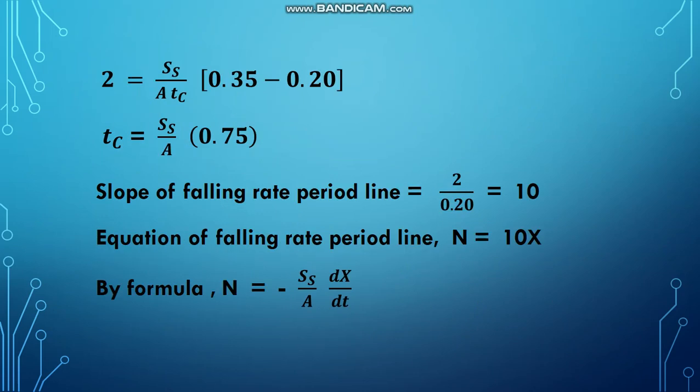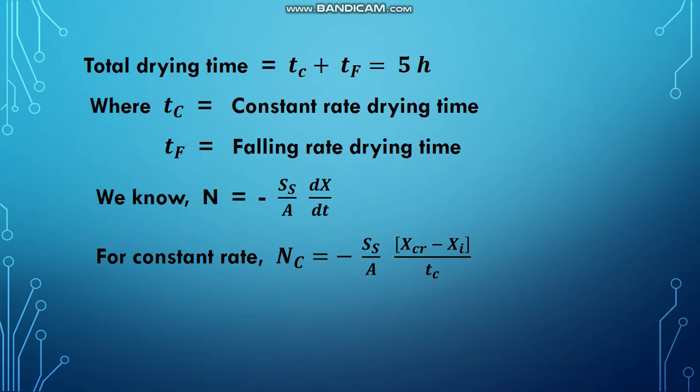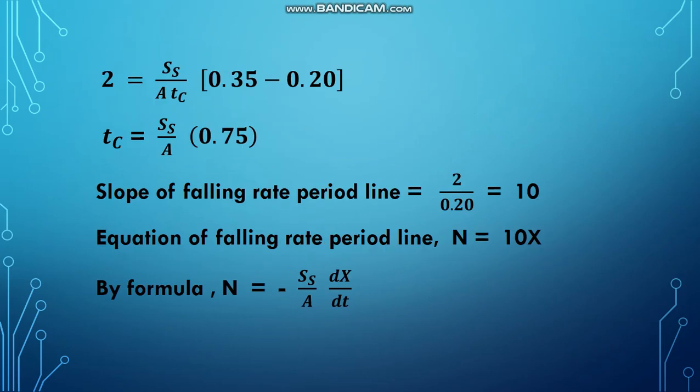Now substituting the terms, Nc, the rate of drying, is given as 2, which is equal to Ss by A Tc into 0.35 minus 0.2, where Xc and Xi are given. So Tc is equal to Ss by A into 0.075.